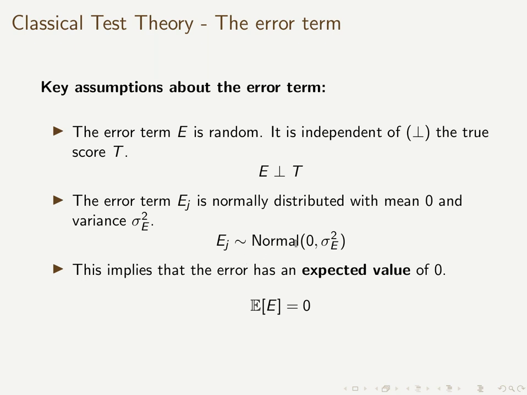And because this normal distribution is centered at 0, we're going to say that the expected value of this error term is going to be 0. This just simply denotes the idea that by using this as our mean value, we are saying that sometimes we expect to overestimate the true score, sometimes we expect to underestimate it, but on average, we expect to have an error term that cancels out to 0.